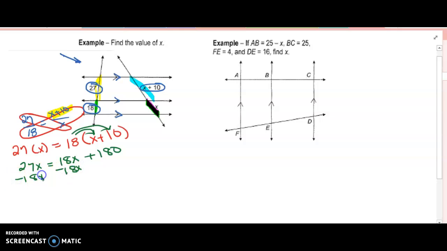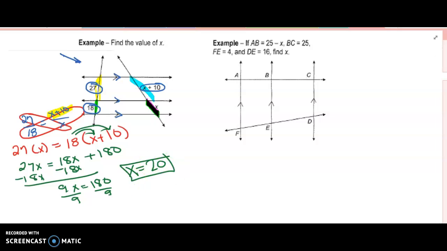Subtract 18x on both sides. I'm left with 9x equals 180. And if I divide both sides by 9, I get x equals 20. That's my final answer.